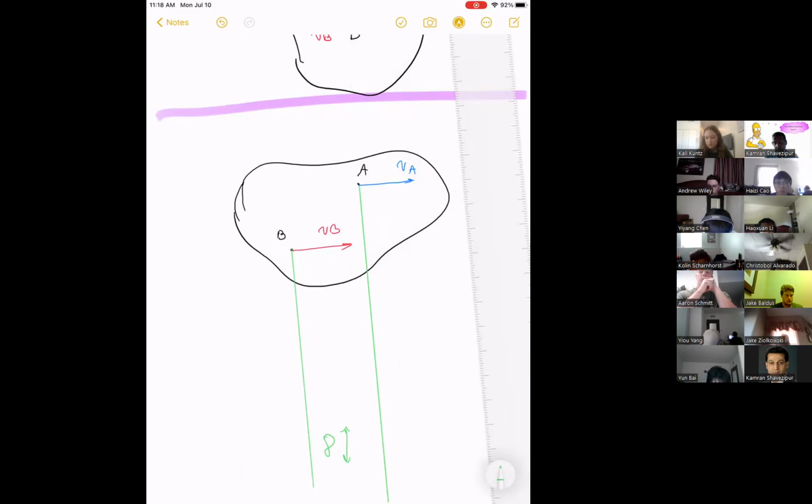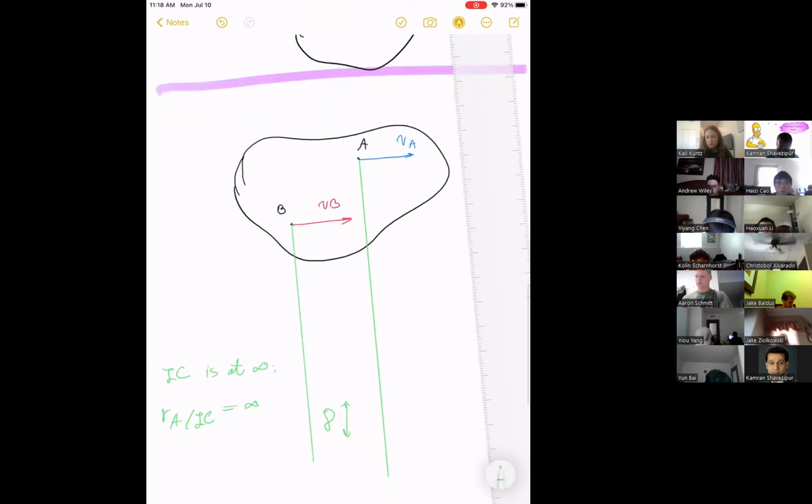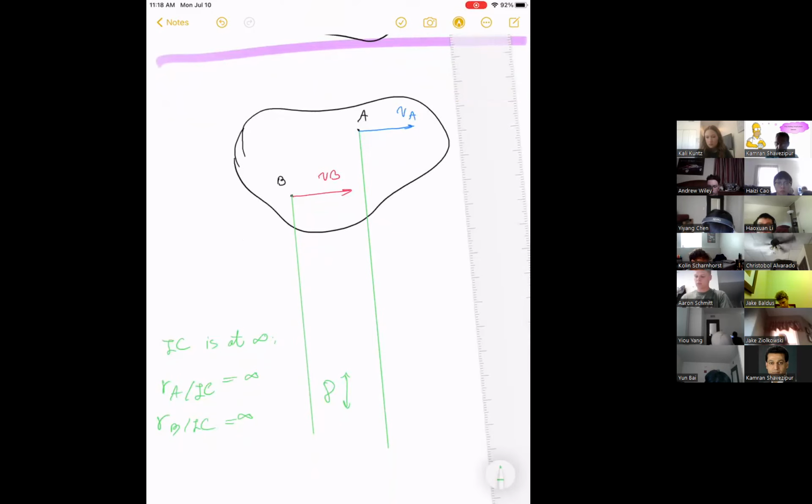Two parallel lines theoretically or hypothetically meet at infinity, which means IC is at infinity, which means RAIC length is infinity, RBIC is infinity, right?